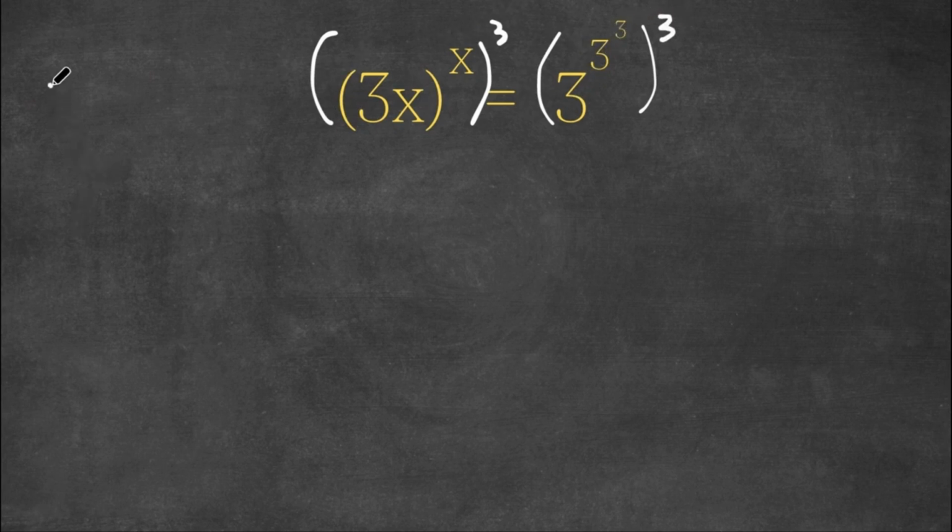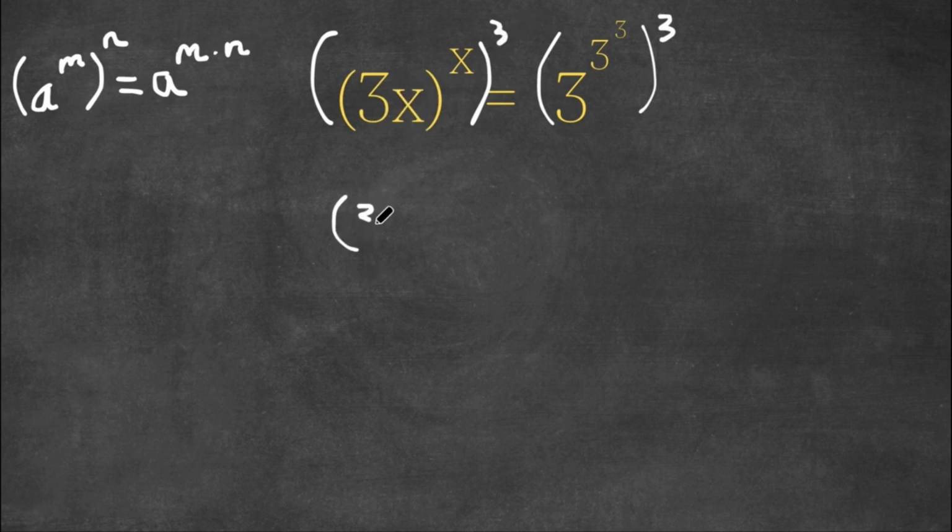And if we have something in the form a to the power of m to the power of n, this is equal to a to the power of m times n. So 3x to the power of x to the power of 3 is equal to 3x to the power of x times 3, which is simply 3x.